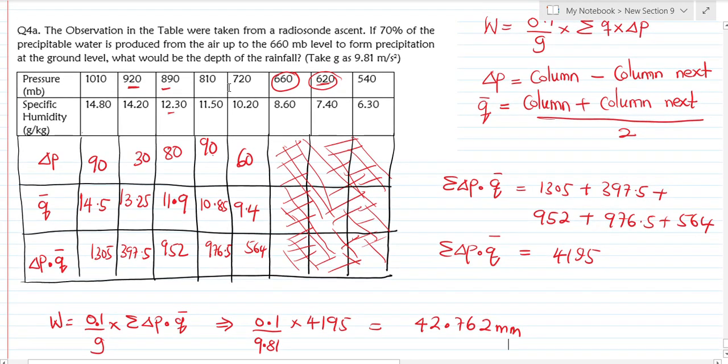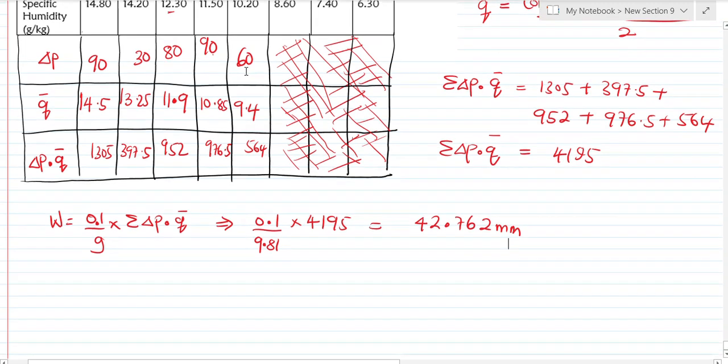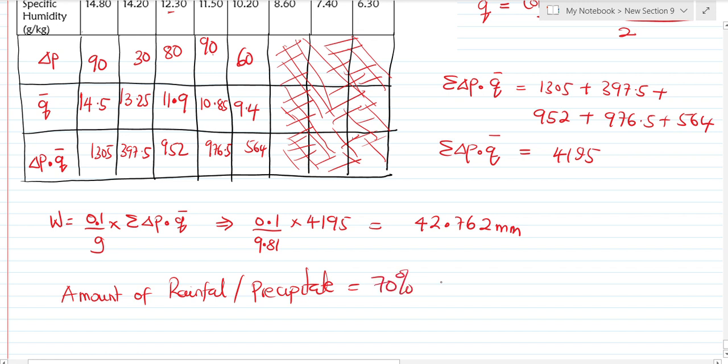Now the question said we should find the precipitation at the ground if 70% of the precipitable water precipitated. So the amount of rainfall or precipitate is given by 70% of the precipitable water.